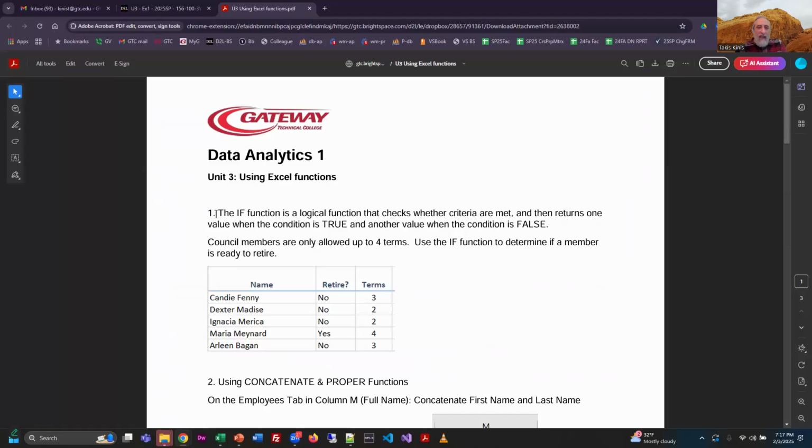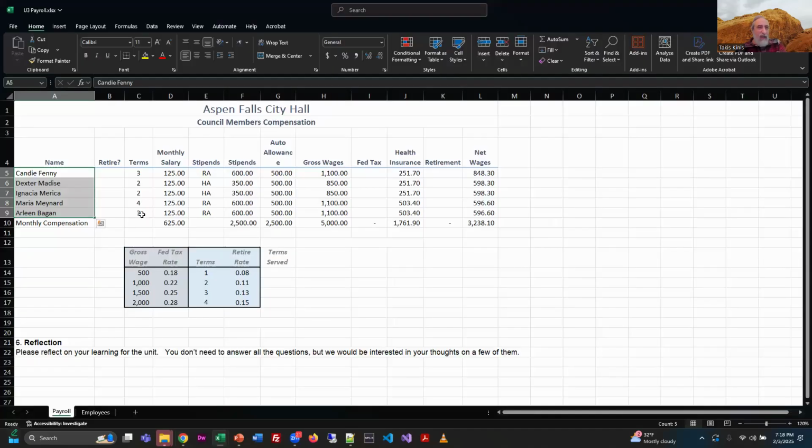It says the IF function is a logical thing. Council members are only allowed up to 4 terms. Use the IF function to determine if a member is ready to retire. Do we have that information present right now? Yeah, I do have that information here.